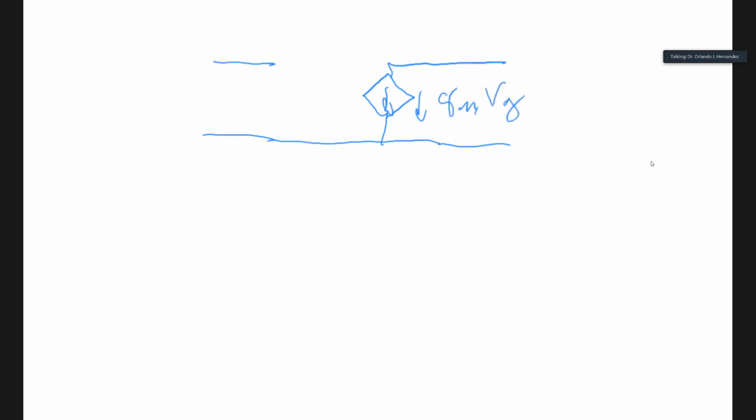The simplest model of a MOSFET is this voltage dependent current source, where this is your GM times VGS. So this is the source, this is the drain, and this is the gate, and this is your VGS. So that's the simplest one, and that's what we're going to be using.